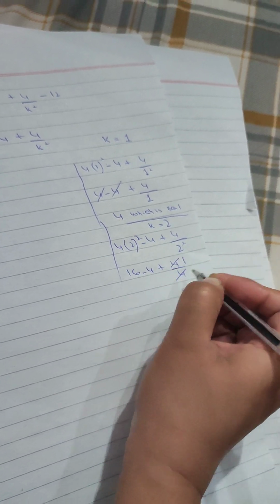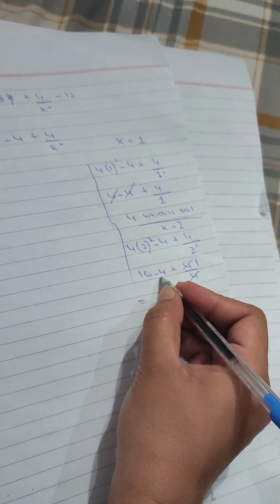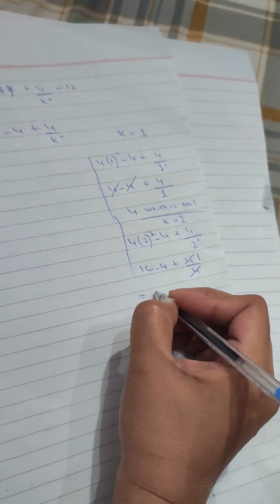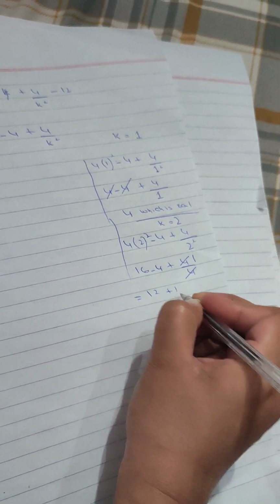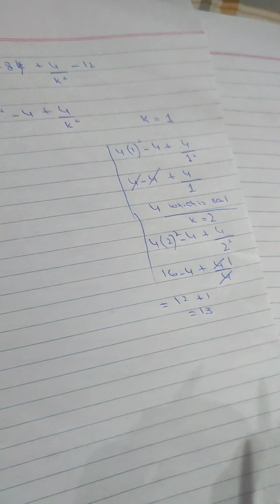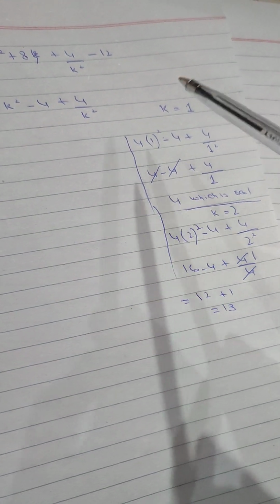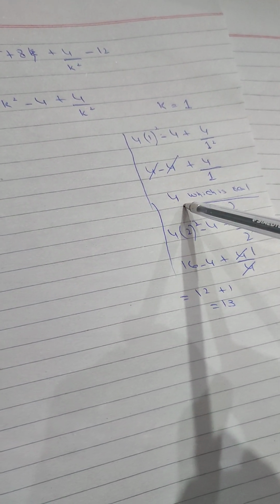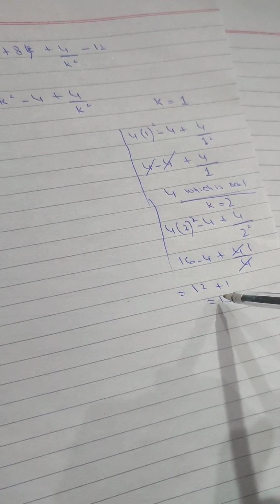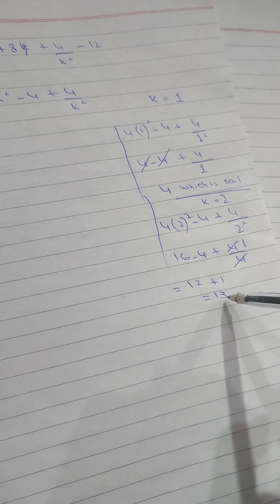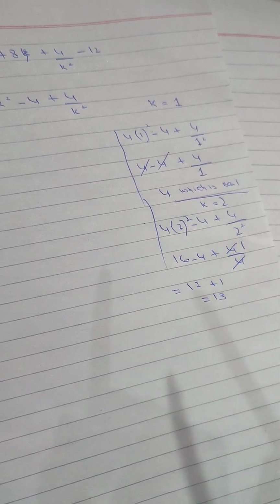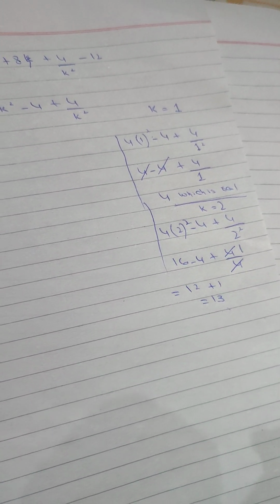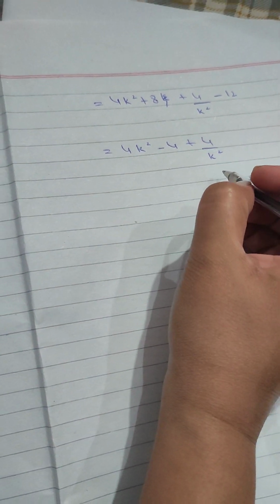This 4 and this 4 will be cancelled. 16 minus 4 is 12 and 12 plus 1 is 13. Again, when we put k = 1, we got 4, which is a positive number. When we put k = 2, again we got 13, which is a positive number. So every time we are getting a positive number, which is proving that this answer is real.